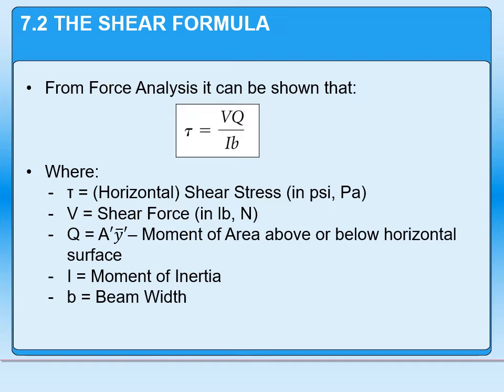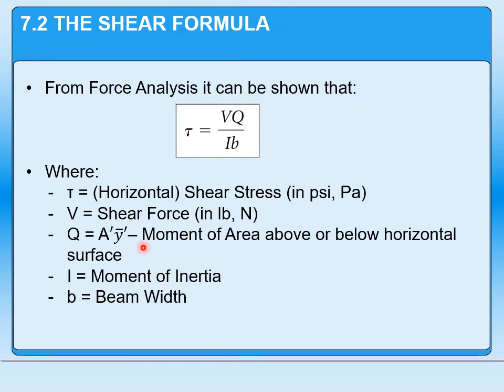From that force analysis, we can show that there is a relationship for our horizontal stress. That's going to be tau. It's going to be in units of psi or pascals, depending on if we're using English or SI units. And it's going to be directly related to our shear force, which should be in pounds or newtons, and a value Q that we're going to talk about. You may recall this from talking about our moment of inertia calculations and moment of area calculations.